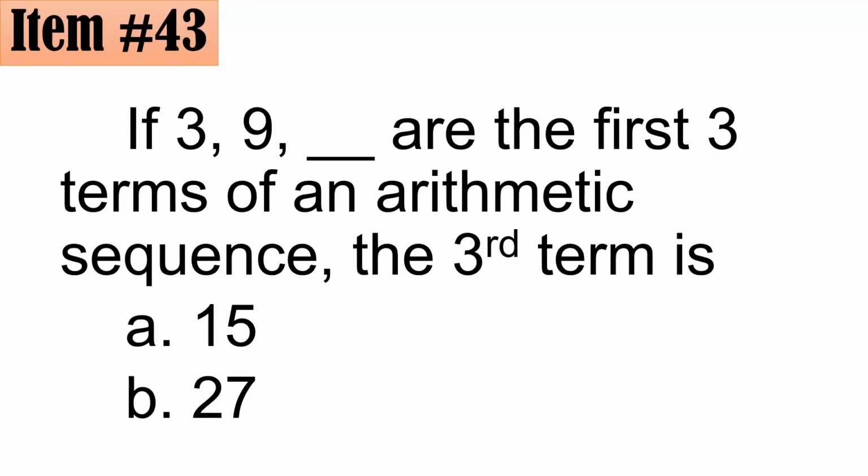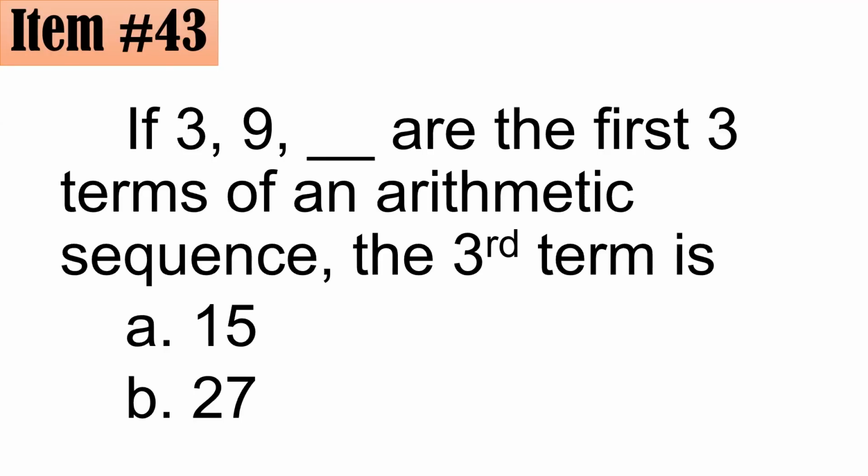43. If 3, 9, blank are the first 3 terms of an arithmetic sequence, the third term is it A, 15, or is it B, 27? Okay, arithmetic sequence po tayo, okay? Arithmetic sequence.